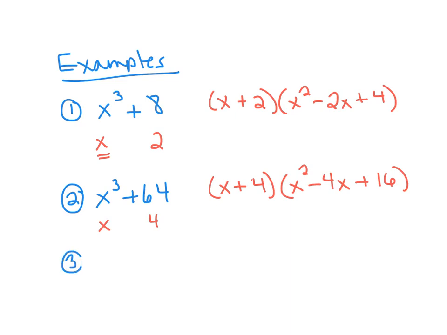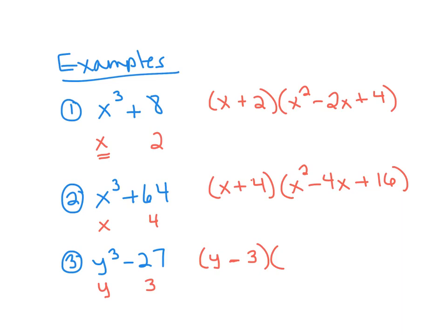All right, let's try one more. Maybe try this one, hit pause and see if your answer works. So y cubed minus 27. The cube root of 27 would be 3, because 3 times 3 times 3. So for this one, y and 3, and we've got a negative, so same sign.